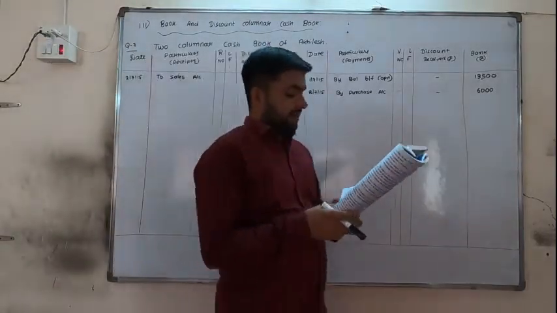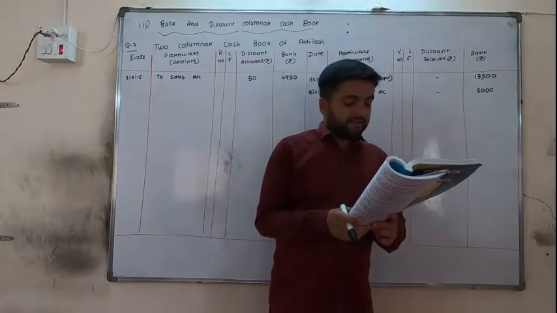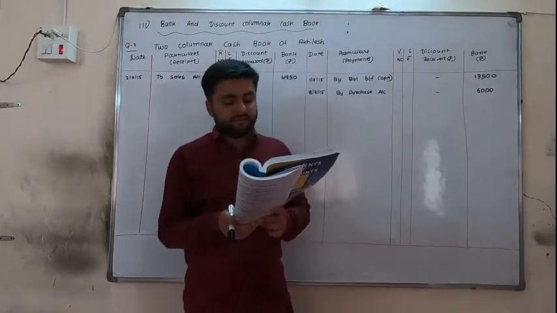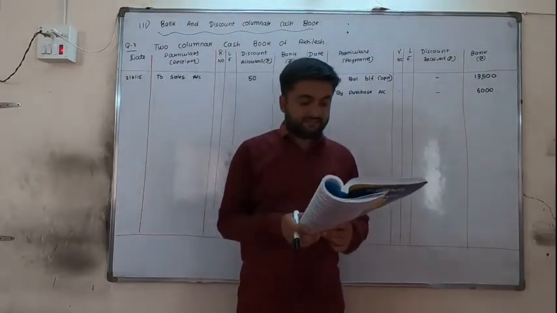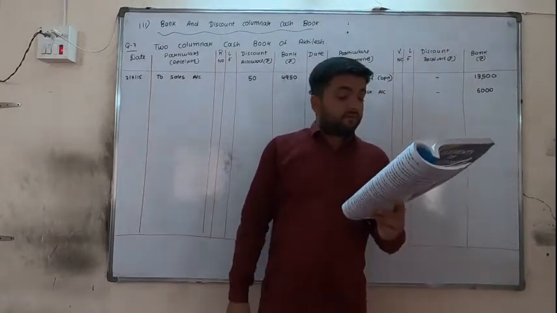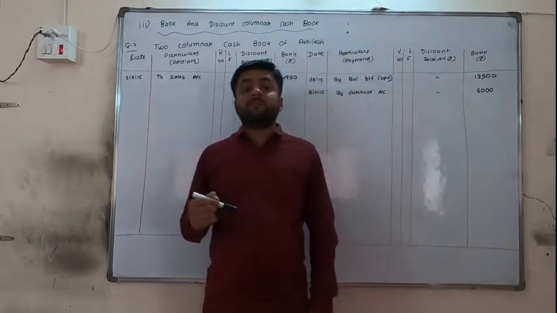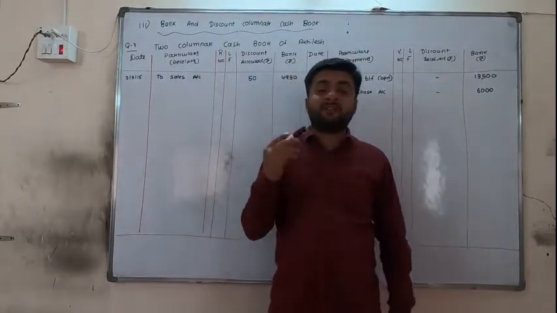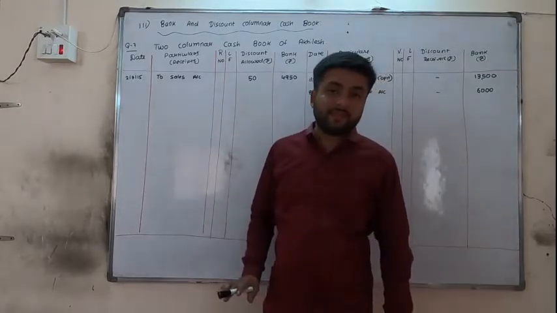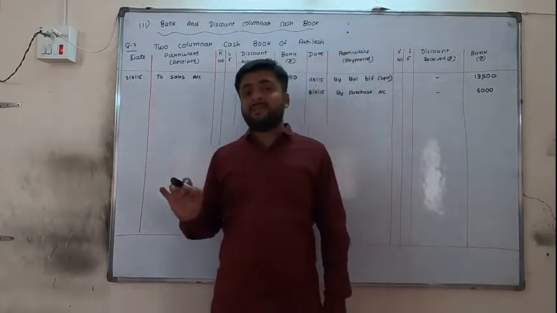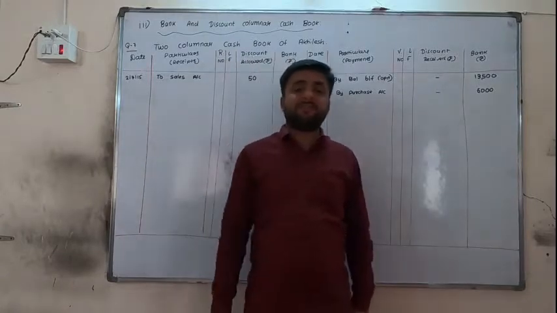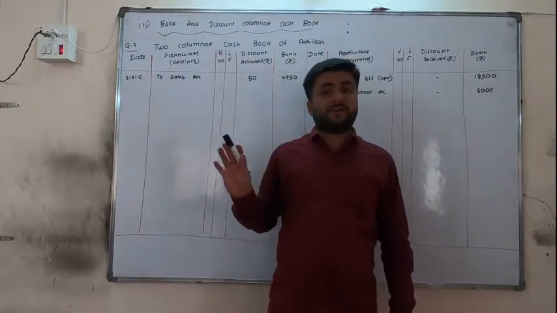Next, on 10th, check of 5,000 is received from Geeta Ben in full settlement of 5,060. Okay, now check of 5,000 is received. So again check is received, bank will be the receiver, so on the debit side. And Geeta Ben is the giver, so the name of Geeta Ben will be written, but the total amount was 5,060.